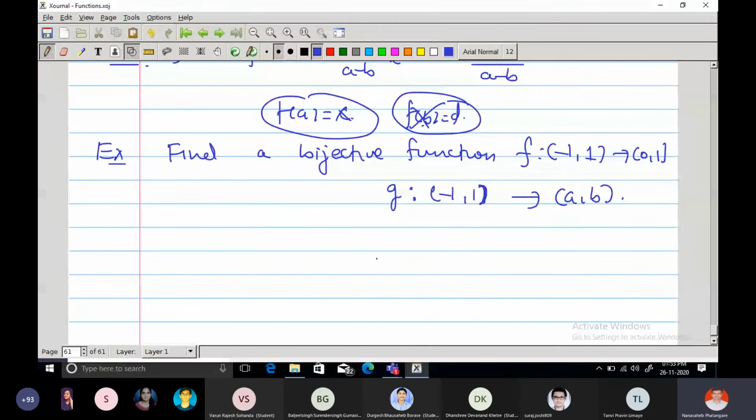So let f be defined by f of x is equal to x upon square root of 1 plus x square.